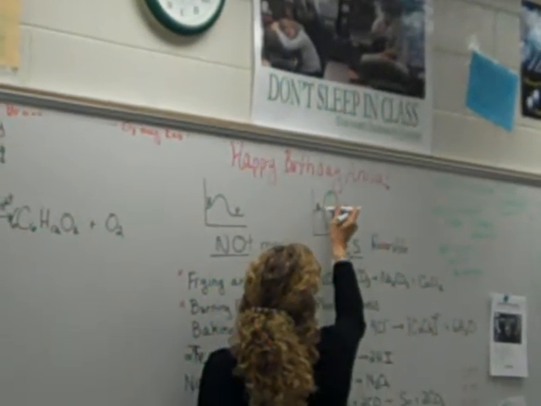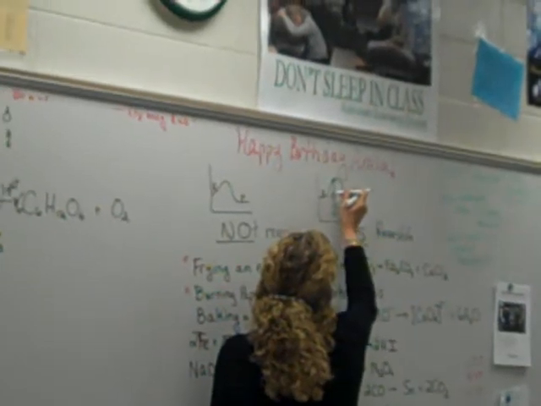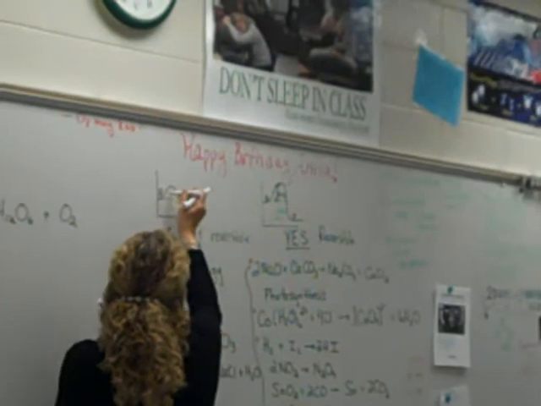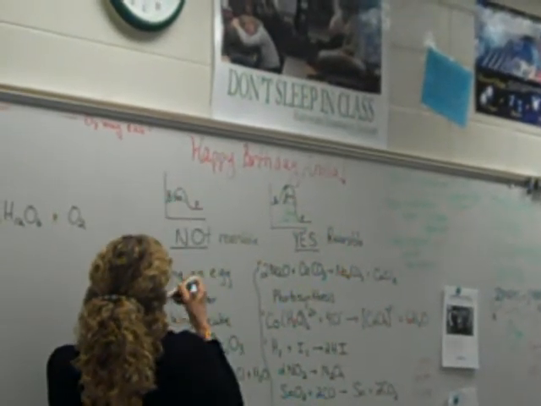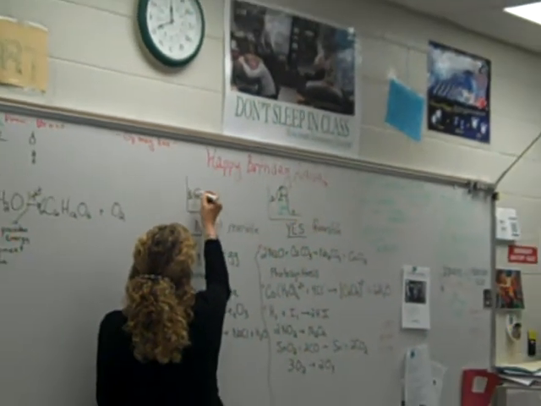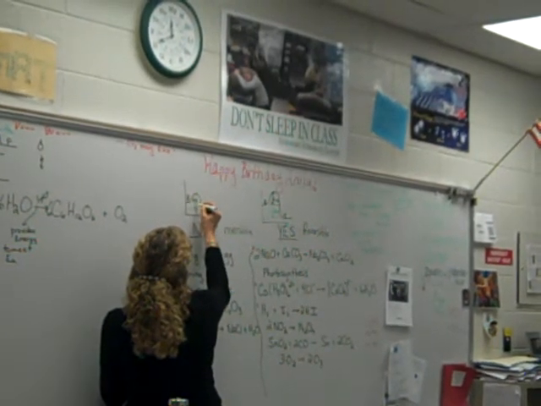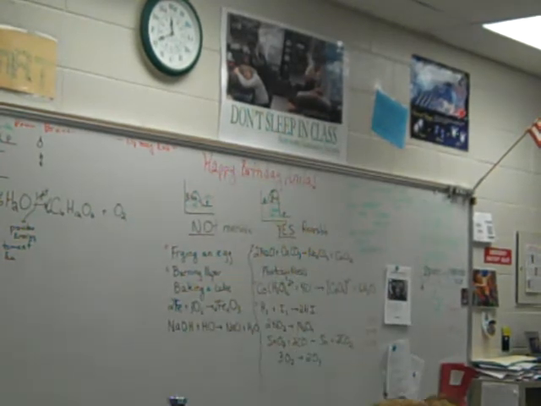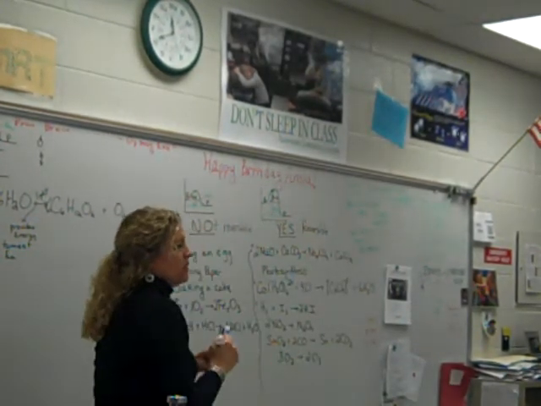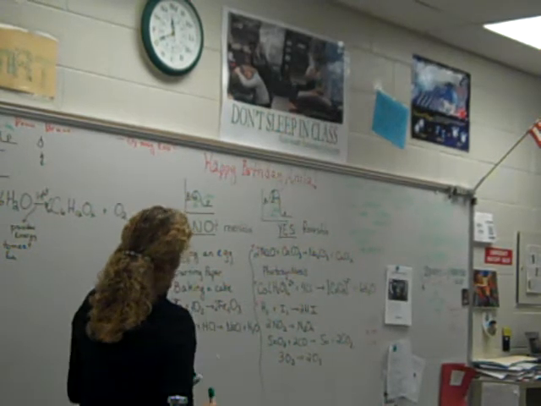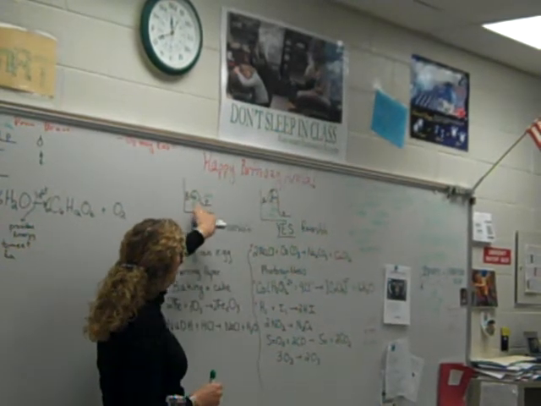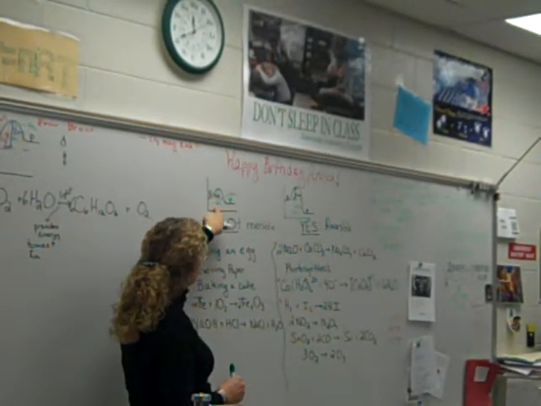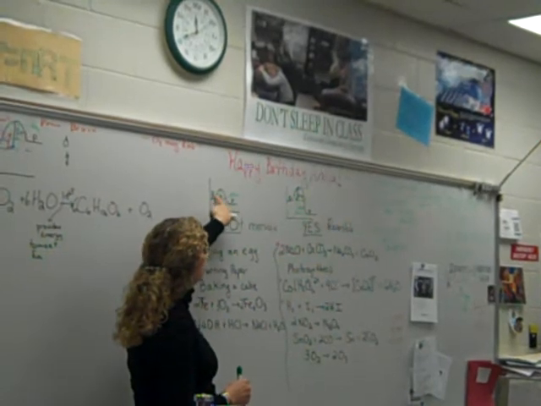Whereas the activation energy for the forward is here, but the activation energy for the reverse would be here. E sub A reverse. Which do you think is easier to go backwards? Which diagram, with a low activation energy or a high activation energy? With the low. This one is easier to go in reverse than this one.